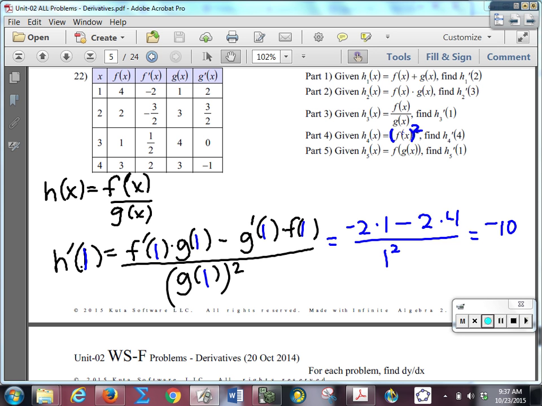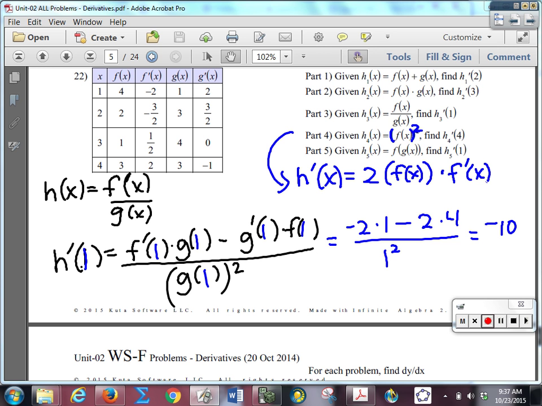So on this one, h prime of x, what's the derivative of something squared? 2 times that something. So I'm doing 2 times f of x, and then you do the derivative of the inside.